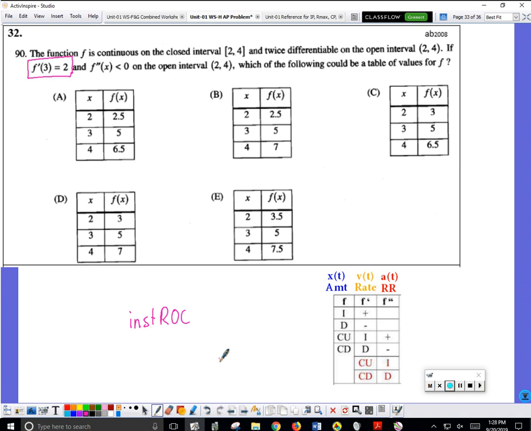Okay, a habit everyone needs to develop. If you listen closely when I speak, you'll notice I have the habit. You need it as well. Whenever I'm talking, I say over and over again, f, f prime, f double prime. So here I'm saying, what does this mean?